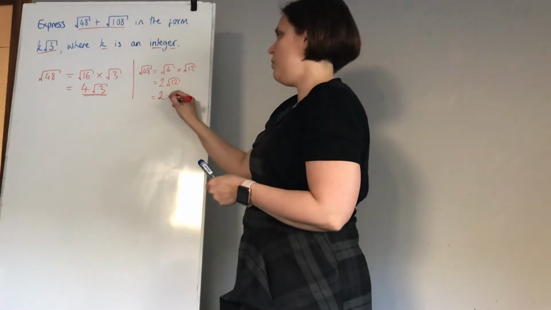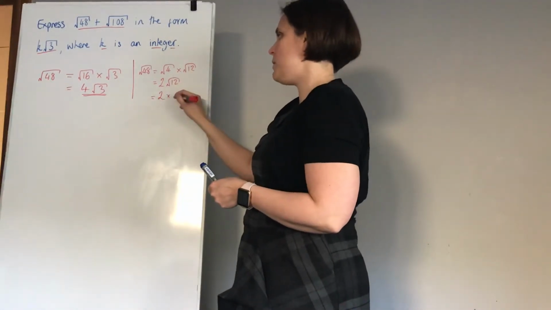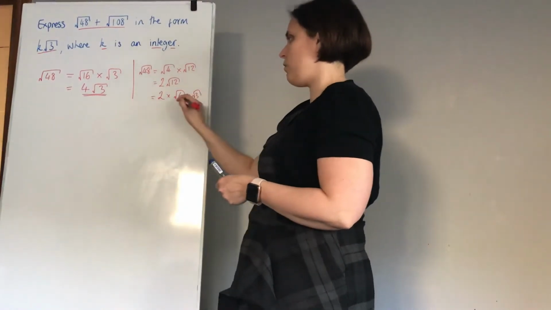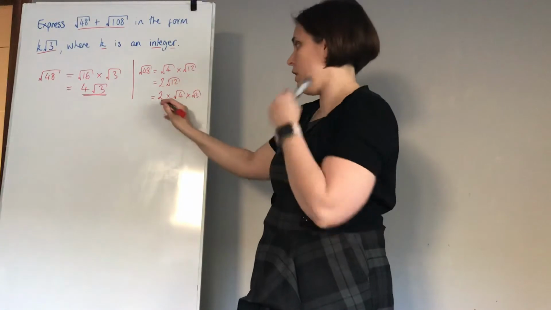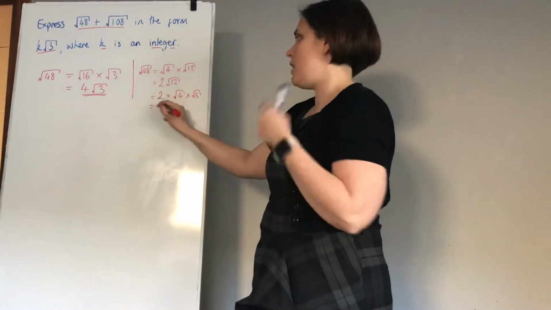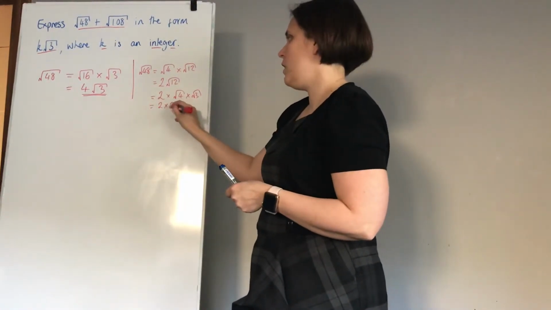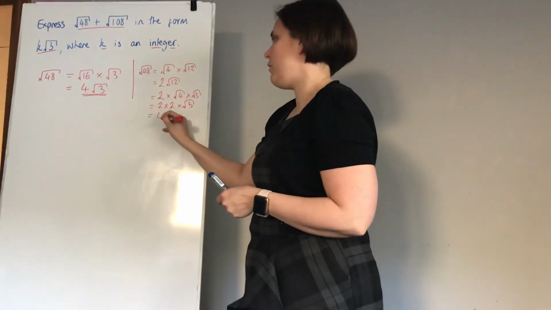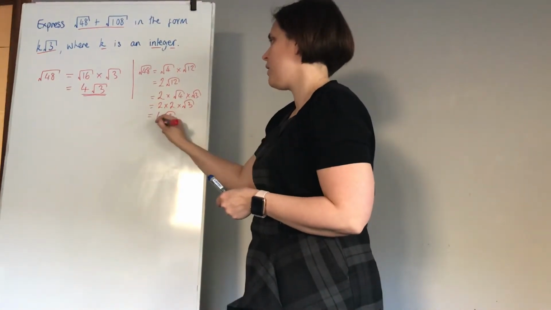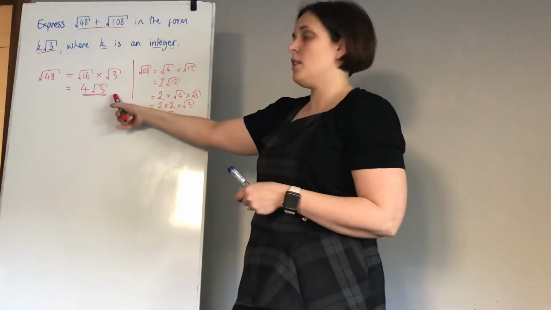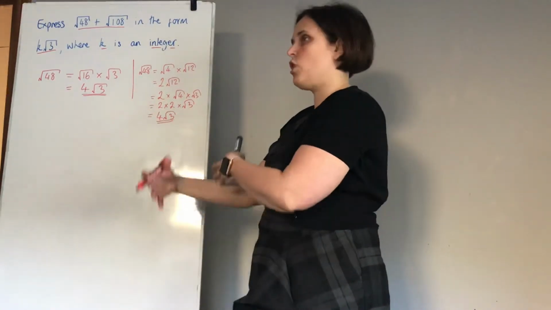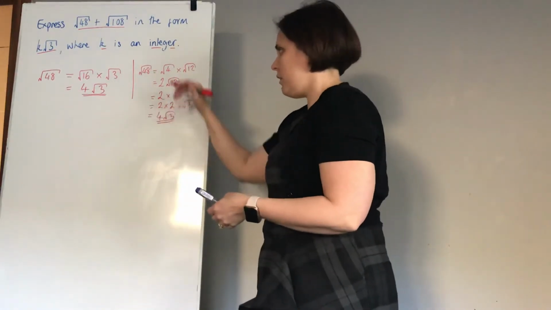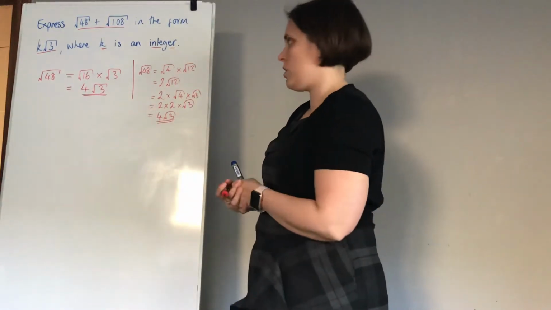So we get 2, not forgetting our 2, times the square root of 4 times the square root of 3. Root 4 is 2, so we end up with 2 times 2 times root 3, which is 4 root 3. This is the most efficient route, but if you don't think of that number immediately, then this way will get you there just as well.